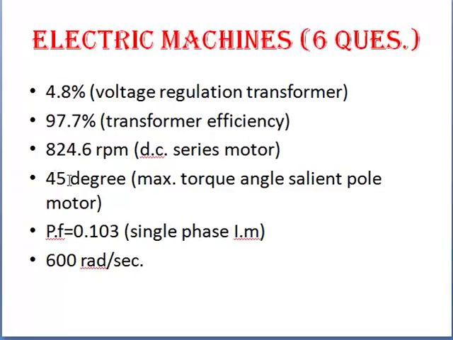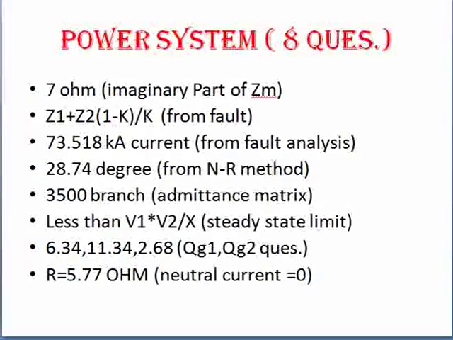There is a salient pole motor question where the maximum torque occurs at an angle of 45 degrees, and a single phase induction motor power factor of 0.103. There was one question where the no load speed is given, and the answer is 6000 radian per second. So this is the electrical machines part, total 6 questions.